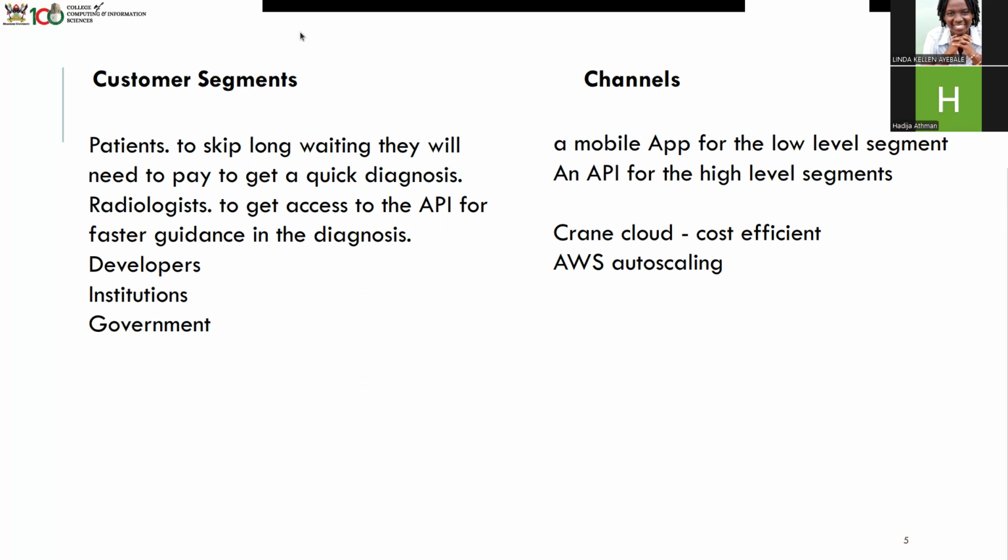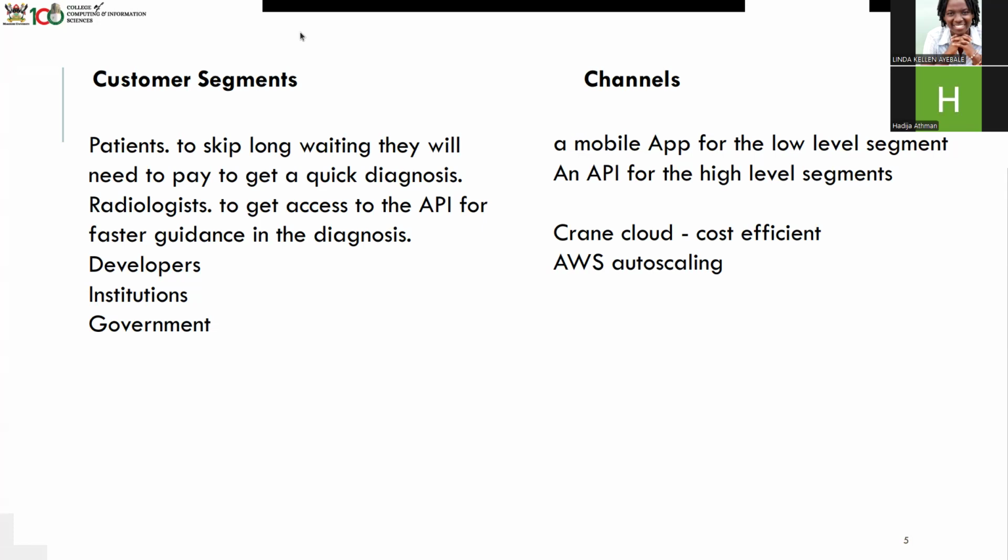Then we have under channels, the patients will be able to access our application through a mobile application. The patients will be able to access our model or our API through an application. And then the API will be accessed by the developers, and then also the government and the institution will be able to pay to be able to access this API.